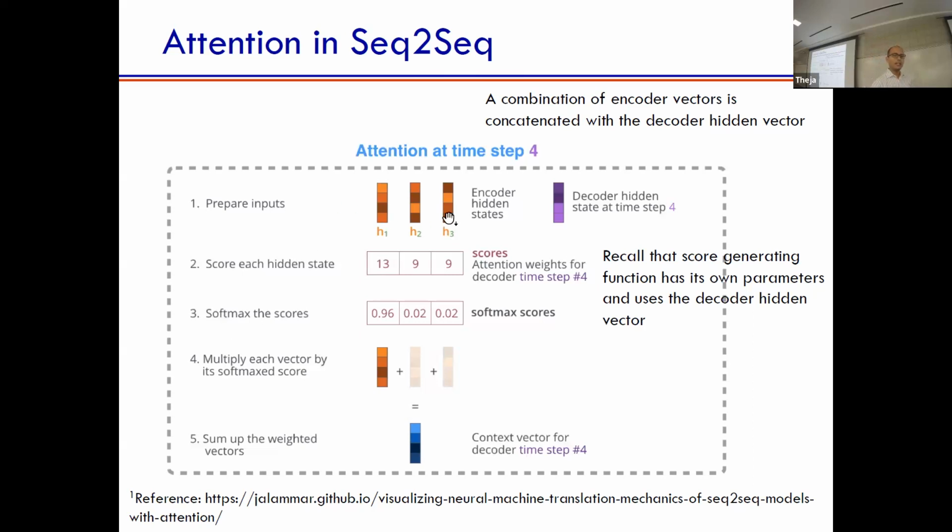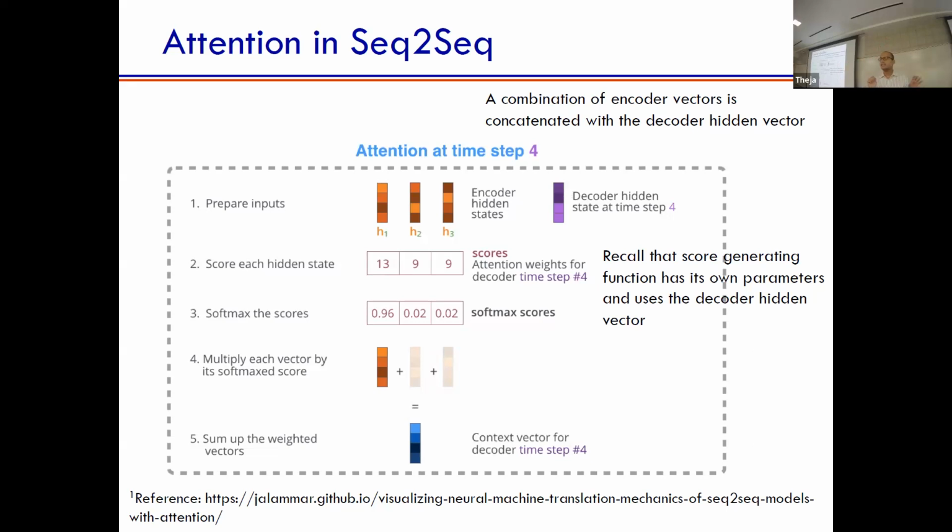Let's also create one additional vector, which is the hidden vector obtained by calling the RNN cell on the decoder side. How do we do that? Remember we had the H3, or hidden vector after the 3 words of the input. That is an input to the decoding side along with a start token. Together they would have produced a hidden vector. Let's color this as a purple thing. So we have that hidden vector.